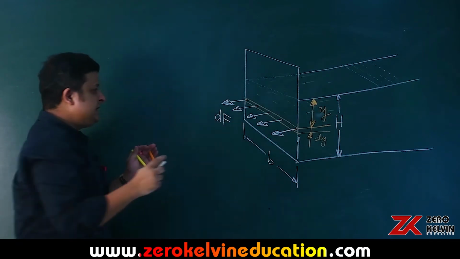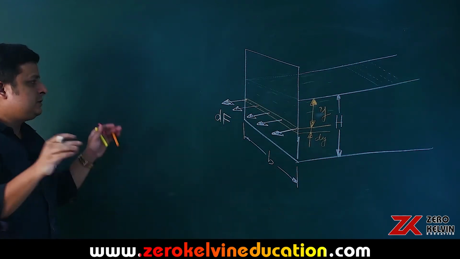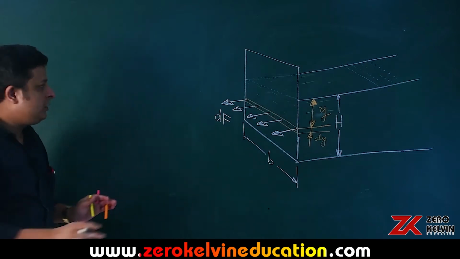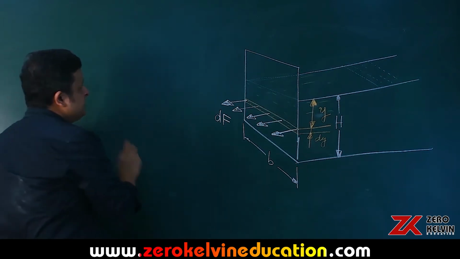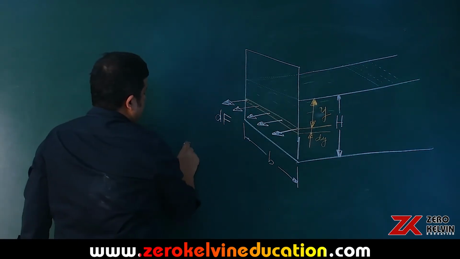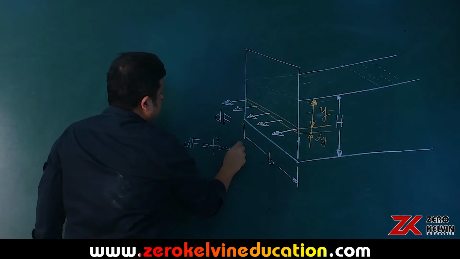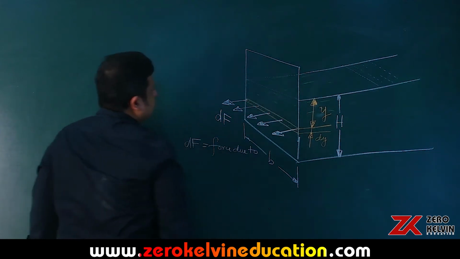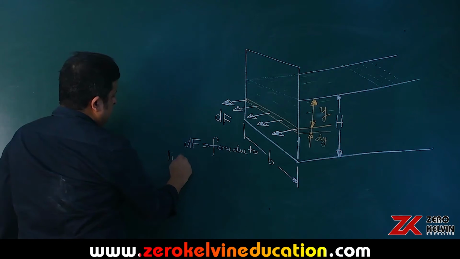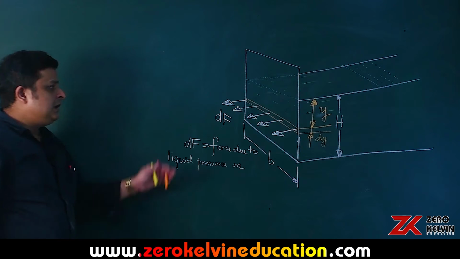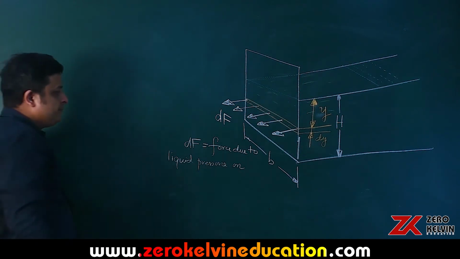Due to the small strip, with finite pressure, the force will be small, so dF is the force due to liquid pressure on the rectangular strip.